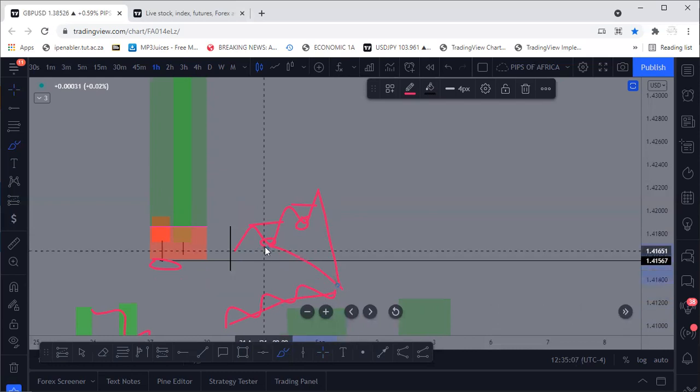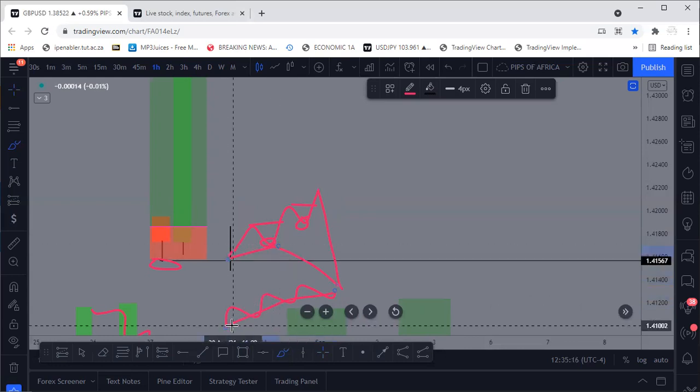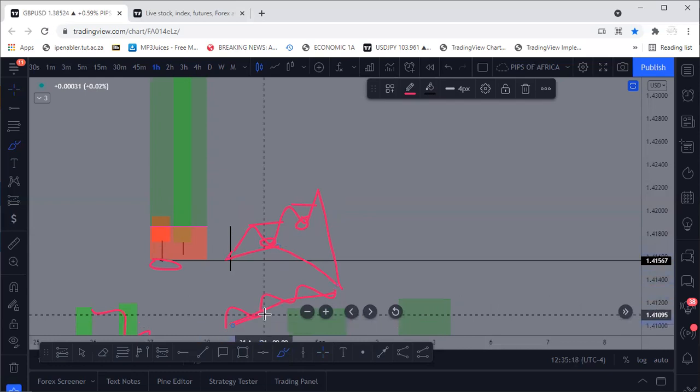There was no divergence here when the price was here. Look here, this is just a higher high, and on the other side, there's a higher high as well. On the smaller time frames, you also consider the RSI divergence. There was no divergence at this point.